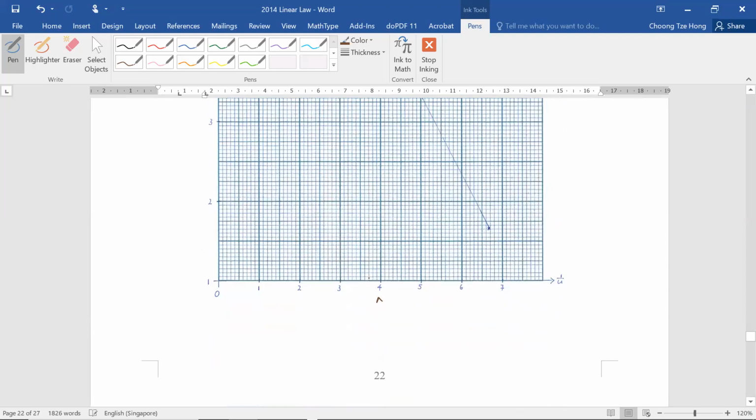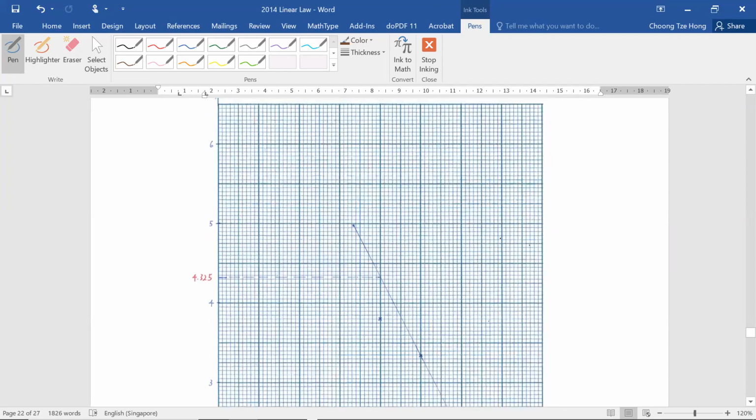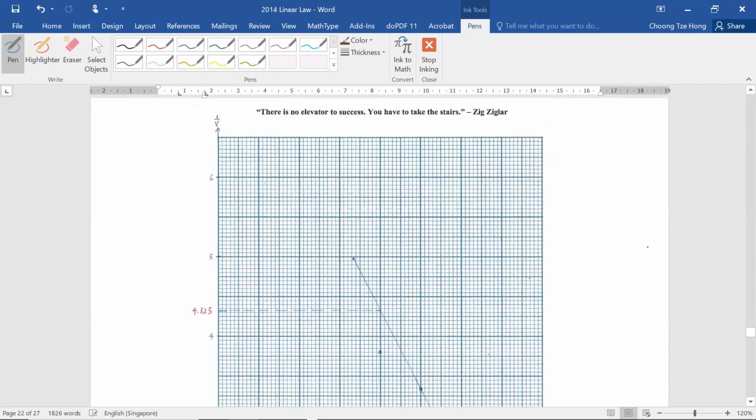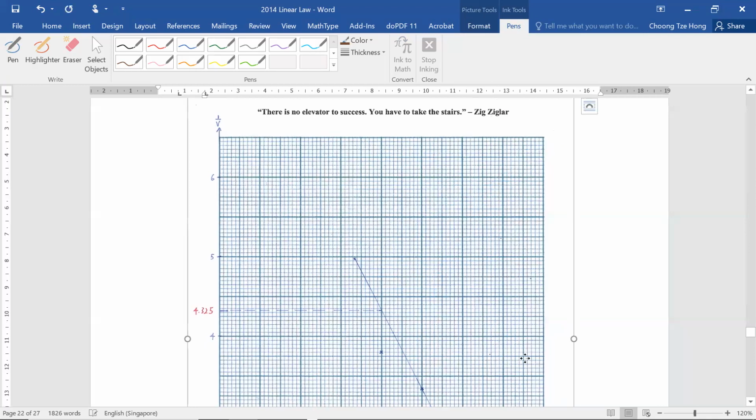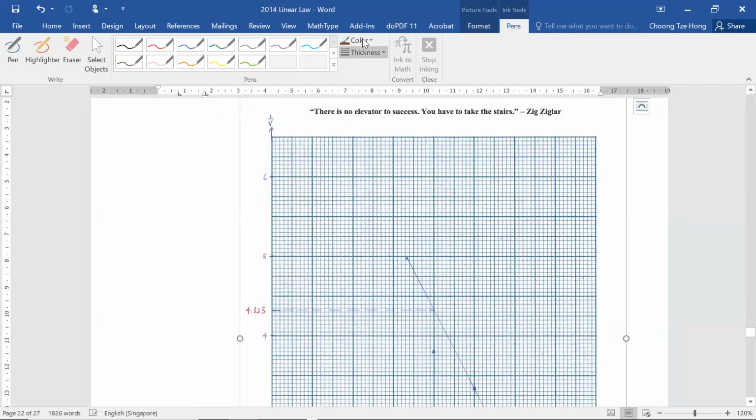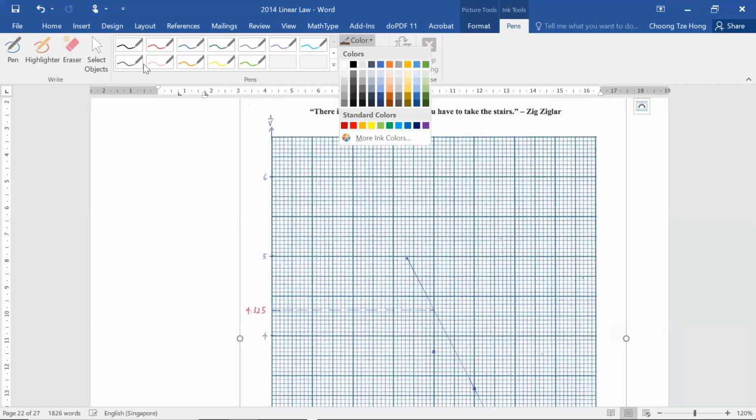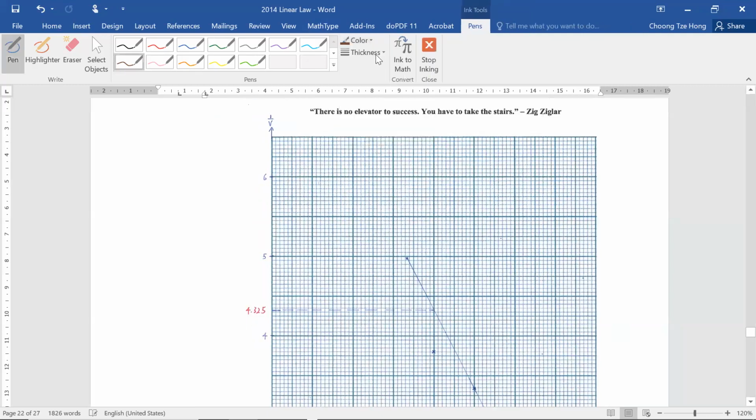I'm going to write the working here. I'll stop inking first and shift this graph to the right a bit. Then I'll go back in.